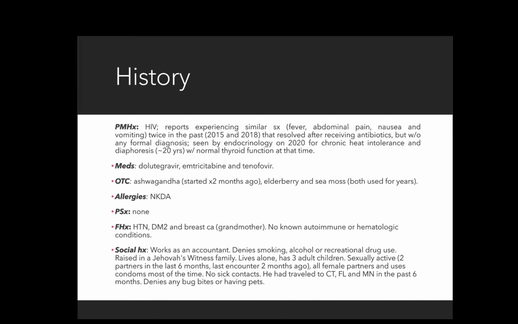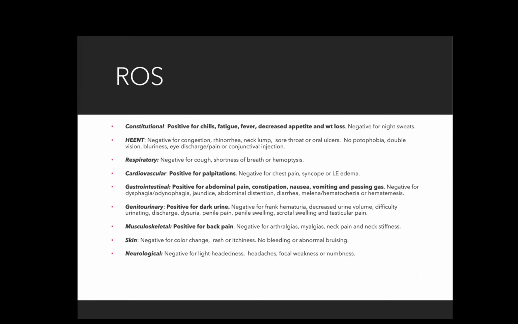About recent travels, it is basically Connecticut, Florida, and Minnesota in the past 6 months. We don't know anything before that. No bug bites, and denies having any type of contact with animals or having pets himself. In terms of review of systems, he said it was positive for chills, fatigue, fever, decreased appetite, and weight loss. Nothing in head, ear, nose, and throat.